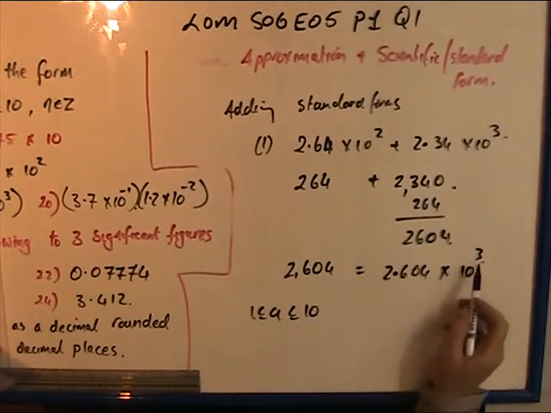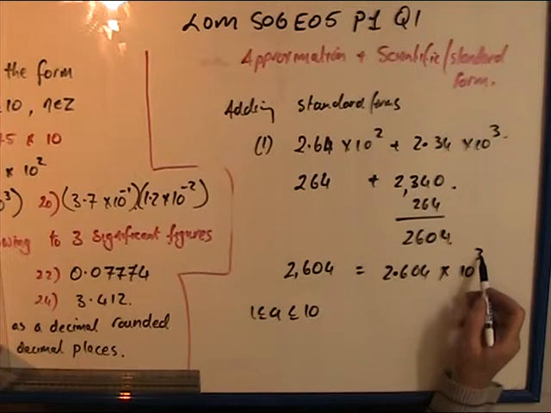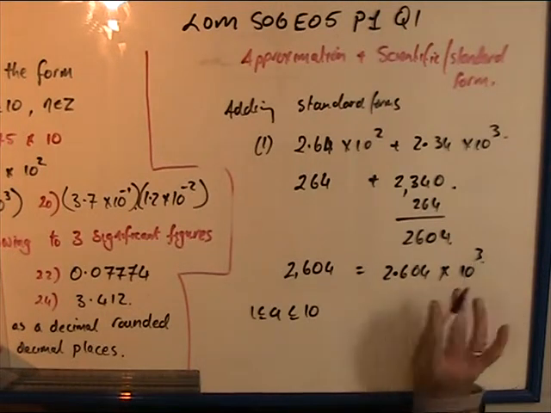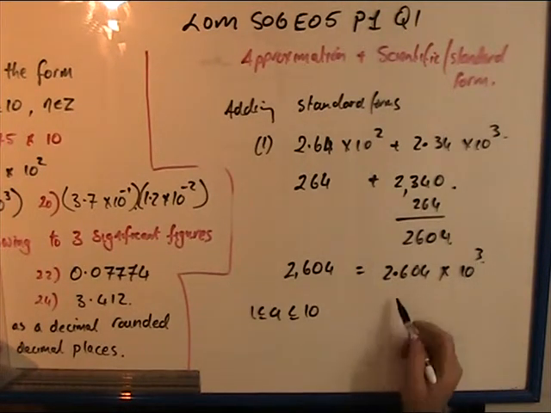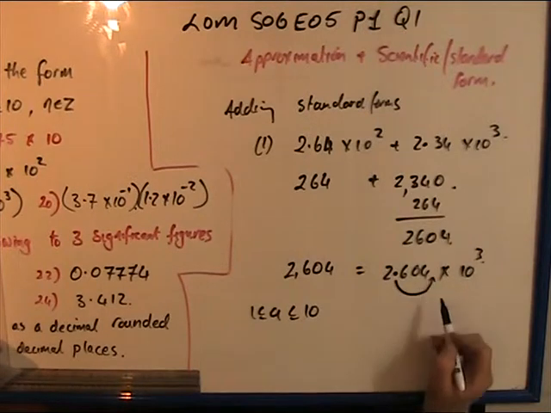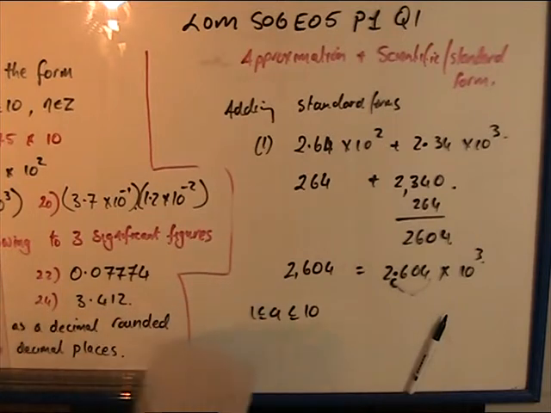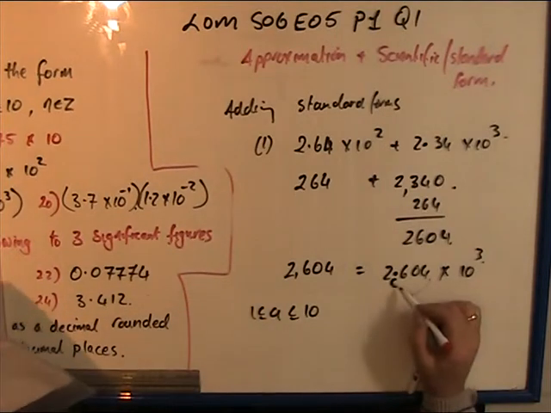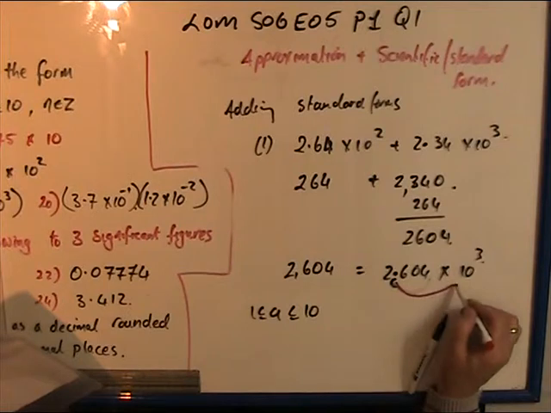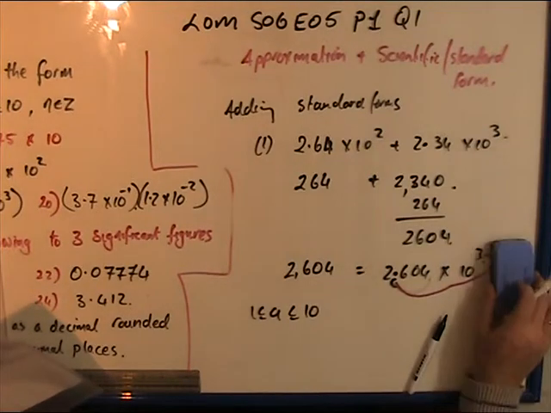So the decimal place movement corresponds to the power. That's a nice one to know. Move 3 places, referring to the 3 in the power.